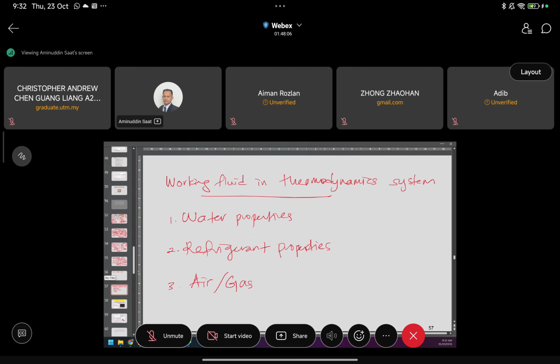Okay, so what you can see, in order to solve water properties, we need the table. For the refrigerant properties, again, you need the table. But for the third working fluid, you need the ideal gas equation.